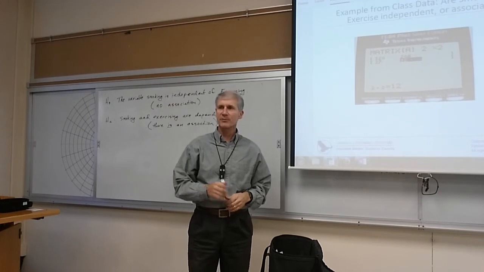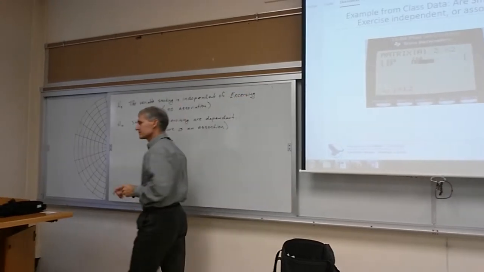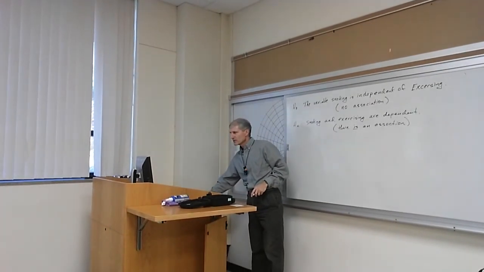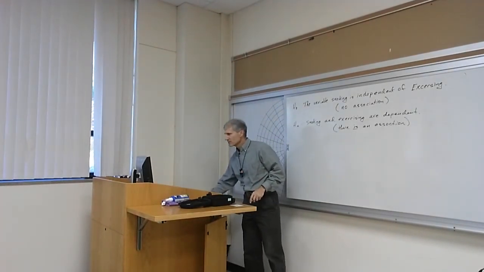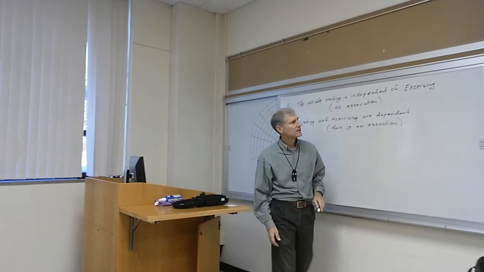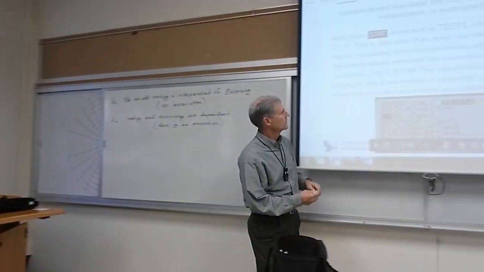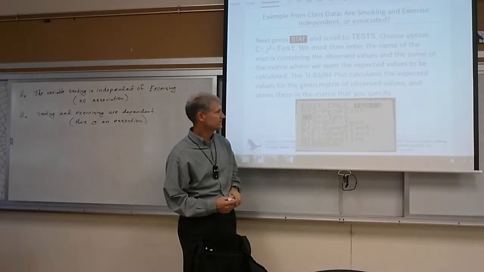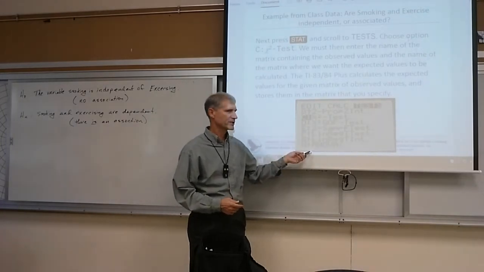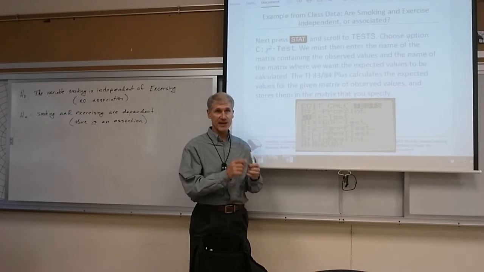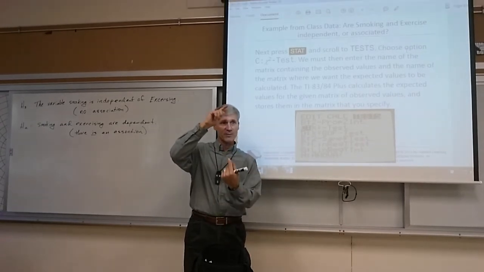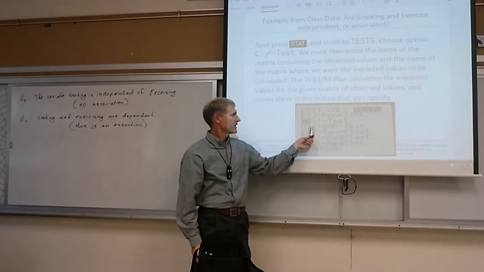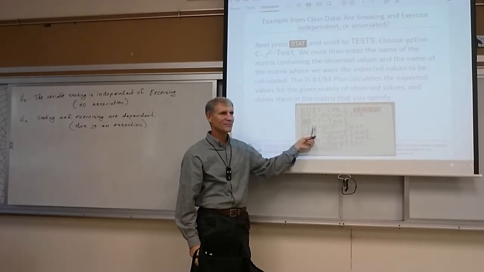The next step is to press the Stat button. Go over to Tests. And go down to chi-square test. Now it's almost all the way to the bottom, so you can actually get there faster if you go up, and it'll scroll around to the bottom and come up. But that's up to you. It's kind of hard to tell.